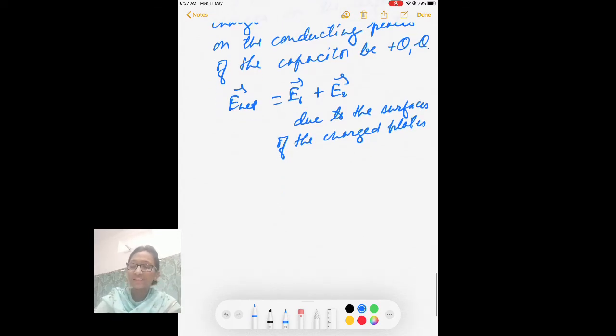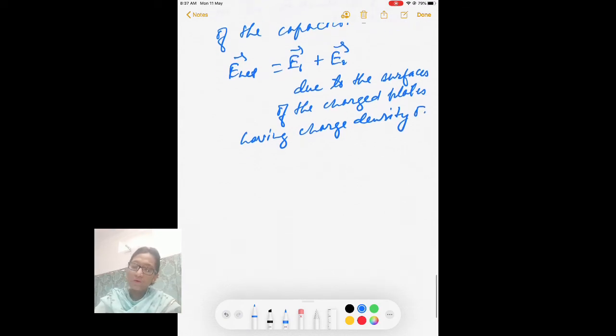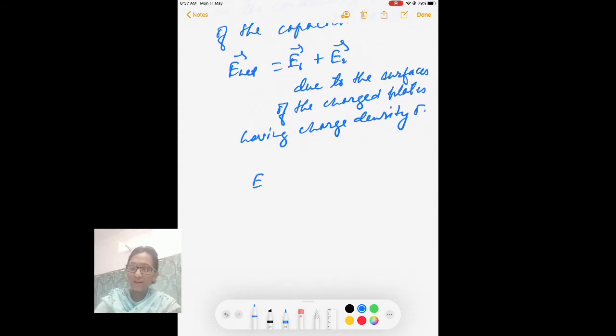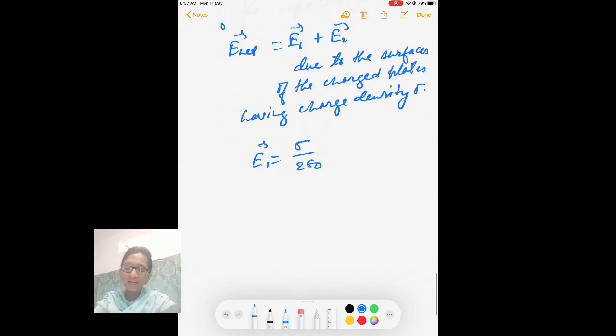Having charge density sigma, you know that the electric field is equal to sigma upon 2 epsilon naught. You have already obtained this. So E1 will be sigma upon 2 epsilon naught. E2 will also be, as the charge density is the same, equal in magnitude to sigma upon 2 epsilon naught.